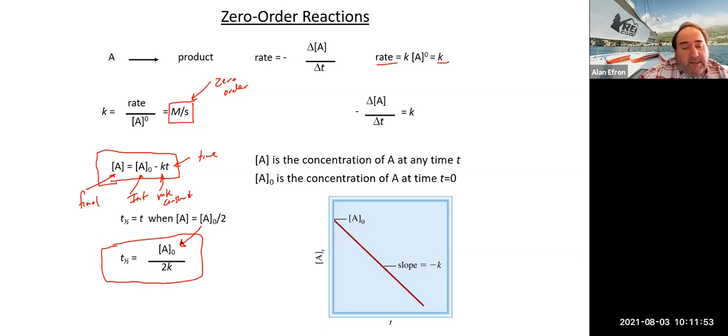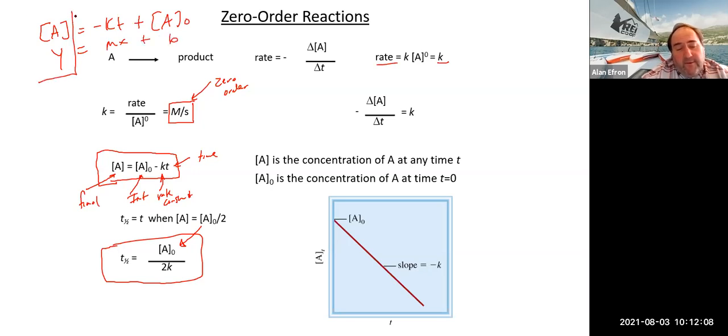Much like the other one, we could take this equation and rearrange it a little bit, and it would be solved for a straight line of y equals mx plus b. For our zero order, we graph the concentration of A, and on our x is our time. That's going to yield a negatively sloped line where the slope is equal to minus k.